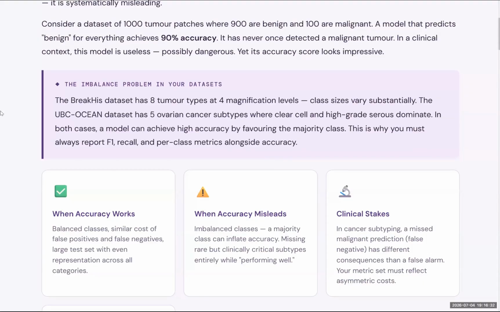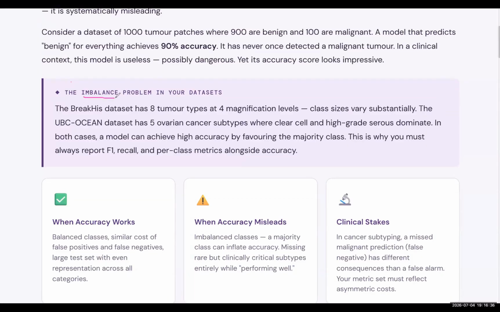Now when we look at our own class, our own data set, it is highly imbalanced. In breast cancer we have 8 tumor subtypes, and in ovarian cancer we have 5 ovarian tumor subtypes. But each of the 8 subtypes is not equally distributed. Images are not equal there. Here also you'll see class imbalance, right?